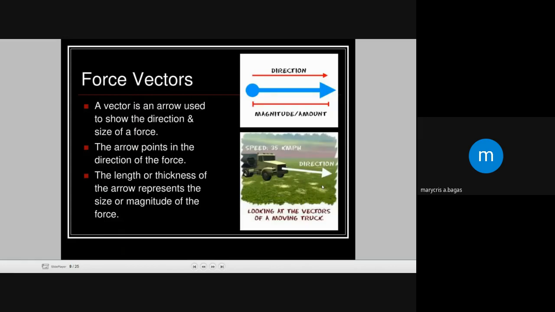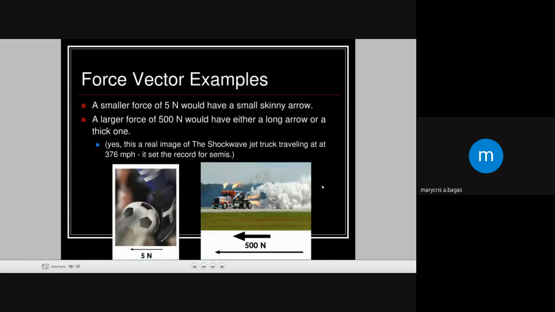Okay, next. Force vector example. Look at this example. A smaller force of 5 newtons would have a small, skinny arrow. Look at this picture: a soccer ball kick, 5 newtons only.